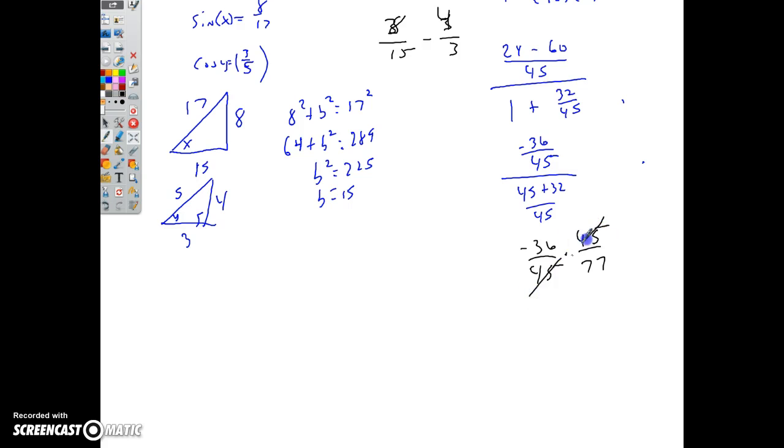Cancel out my 45s. I get negative 36 over 77. I check 2, 3, and 5, right? 2, even, but not even. That doesn't count. 3, that's divisible by 3 because 3 plus 6 is 9, so that's it. But 7, 7 is 14. That's not divisible by 3. And then 5, neither one is divisible by 5. So this is my final answer. Ta-da! That's fun.